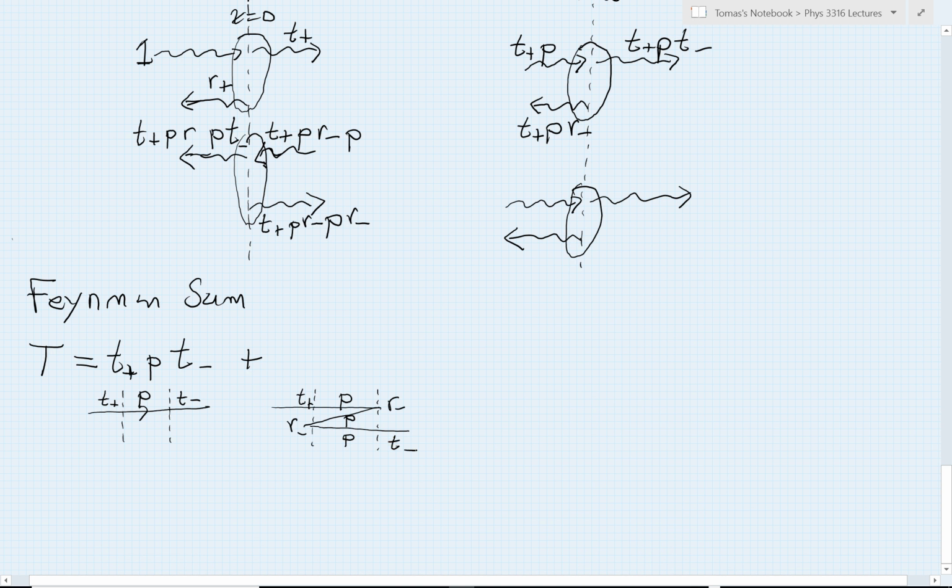So the final term then would be, if you tracked all those terms, T plus P, then there's R minus, P, and then a T minus. Okay, now let's look at the next term.